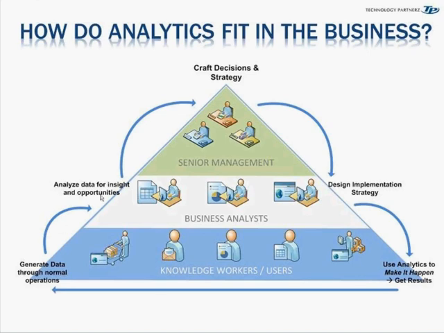They generate data, they analyze the opportunity, and submit it to management, who decides if they want to do it or not, and then they throw it back at the middle management part, get it done, figure it out, and then these guys do it. And that's the loop of analytics. So that's how it fits into the business in a general sense.